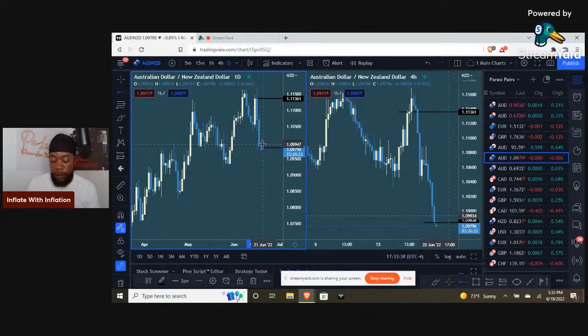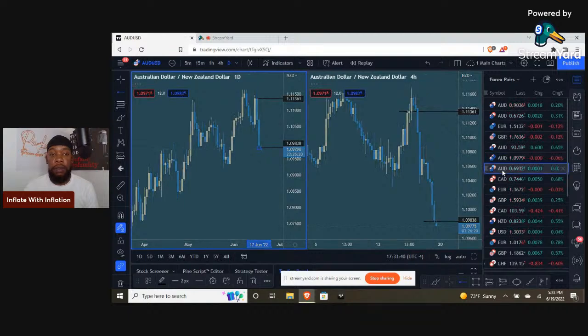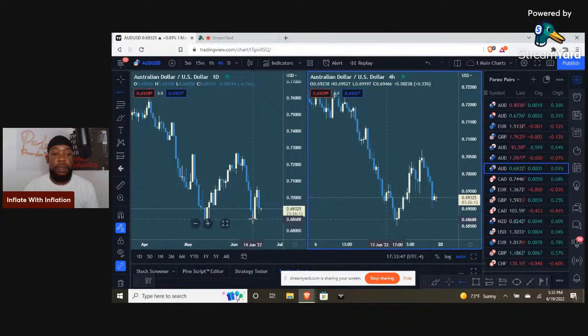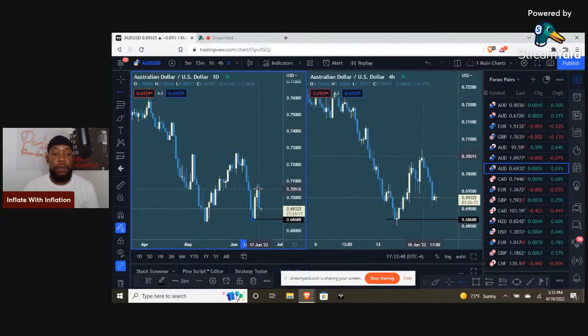Aussie's selling, New Zealand's buying. We got from here to here. Here to here, we have Aussie buying up to this point from down here.